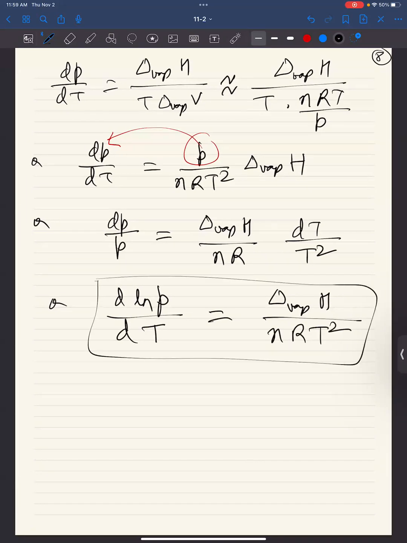And this is the Clausius-Clapeyron equation. This is approximate. This does not apply to everything, but it's used heavily, and people sometimes just call the Clapeyron equation the Clausius-Clapeyron equation, which is simply not true. This is the Clausius-Clapeyron equation.